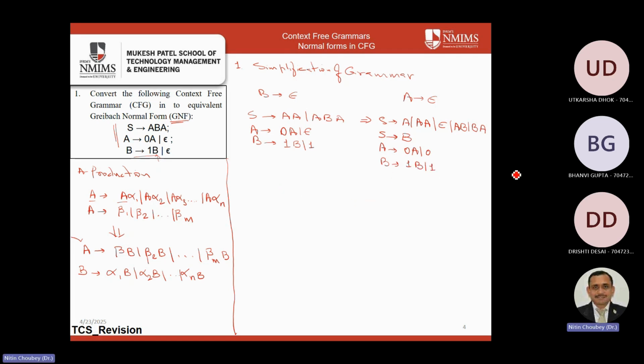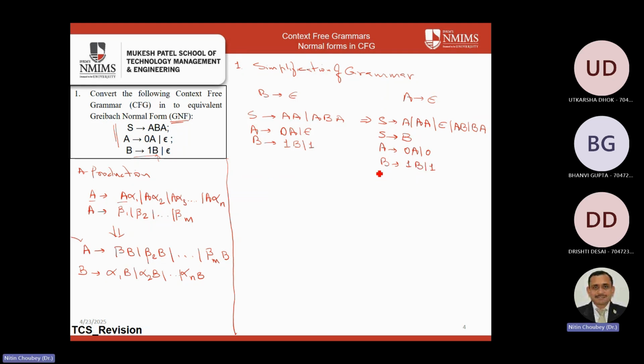This is the grammar when we have removed epsilon from A gives epsilon as well as B gives epsilon. But S gives epsilon is still there, because this grammar generates the empty string also.